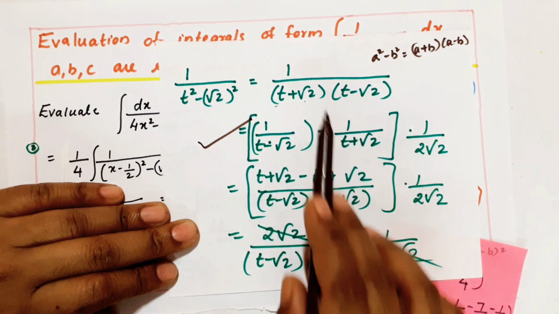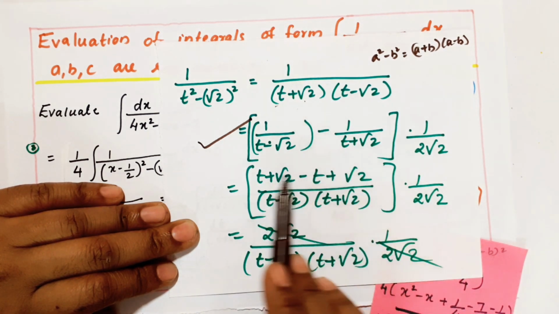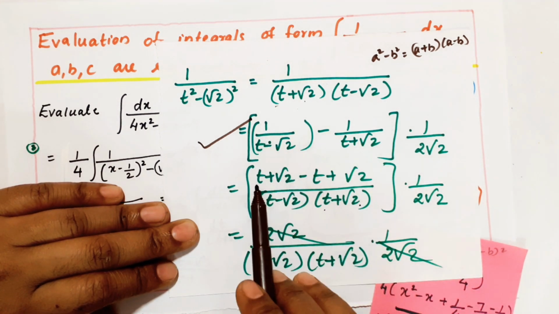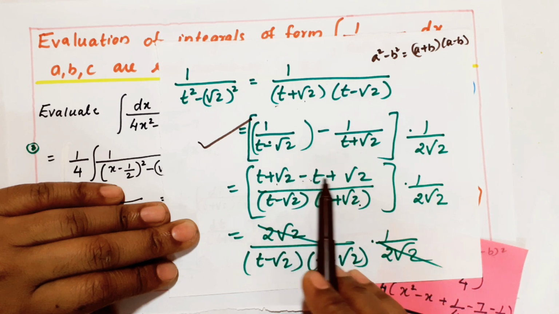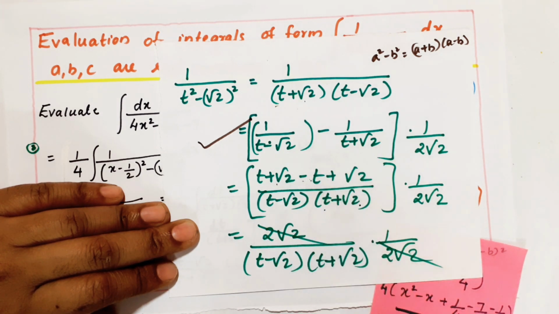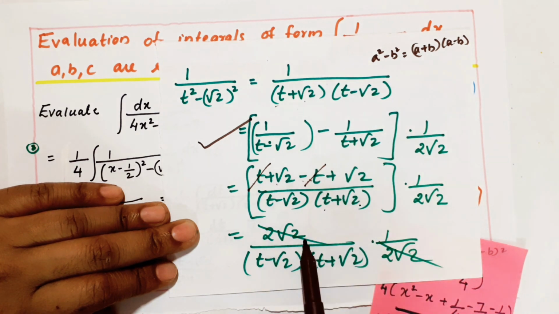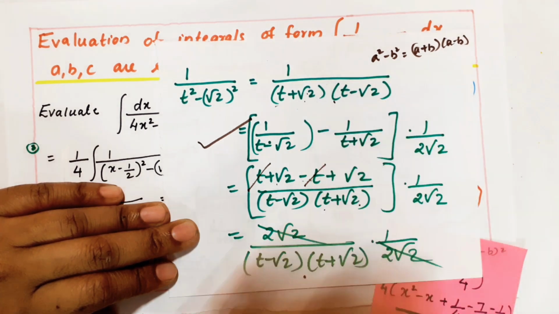So if you can write this term like this means, you take the LCM, t minus root 2 into t plus root 2. Here it will be t plus root 2 minus t minus root 2. Minus of minus will become plus. Plus t minus t get cancelled. So we will get 2 root 2 in the numerator. T minus root 2 into t plus root 2 into 1 by 2 root 2. So if you cancel, this term is similar to my first term.